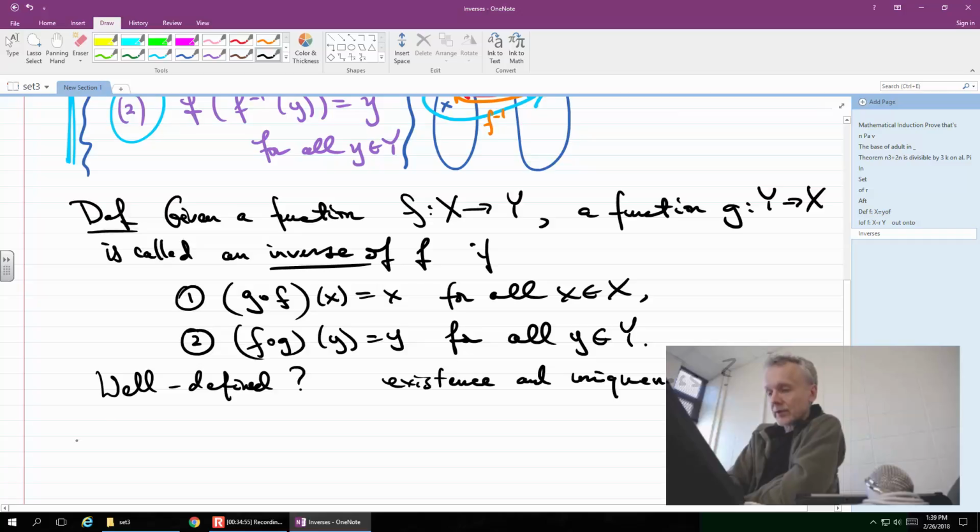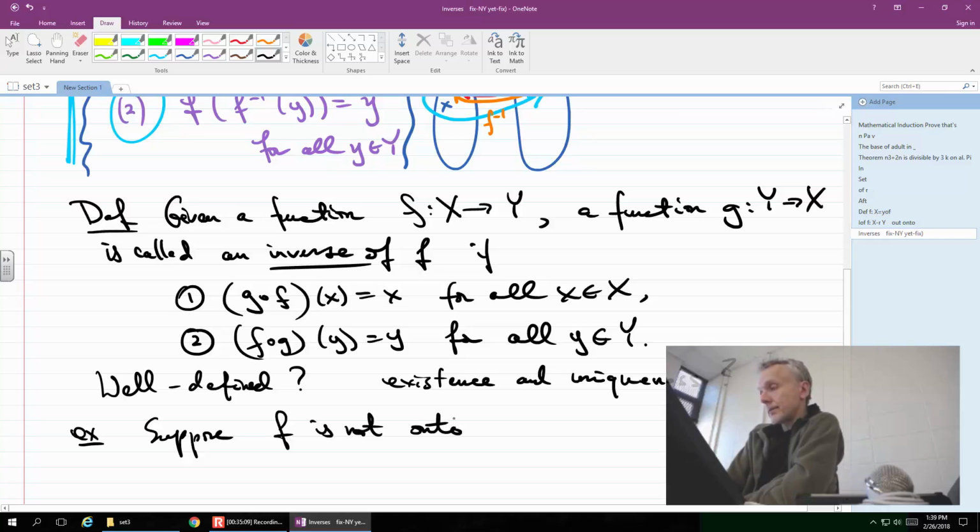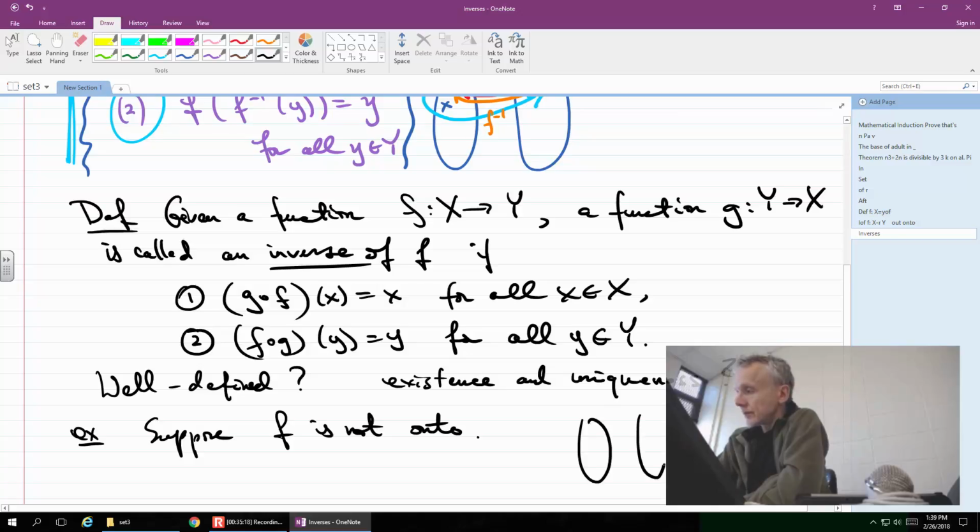Let's just look at a few examples, to demonstrate that indeed one-to-one and onto is required. So suppose f is not onto. Why is it a problem? So f works like this: X and Y, this is my f.